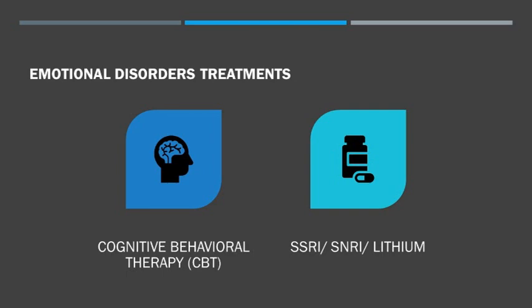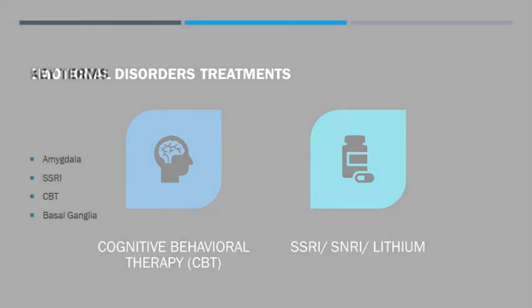So you just need to be mindful that there are different kinds of approaches for different types of disorders, but that when you understand the systems underlying the disorder, it goes a long way to helping you to choose the right kind of treatment and to help the person.